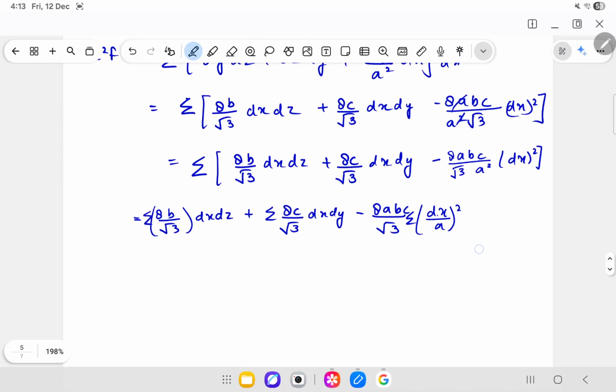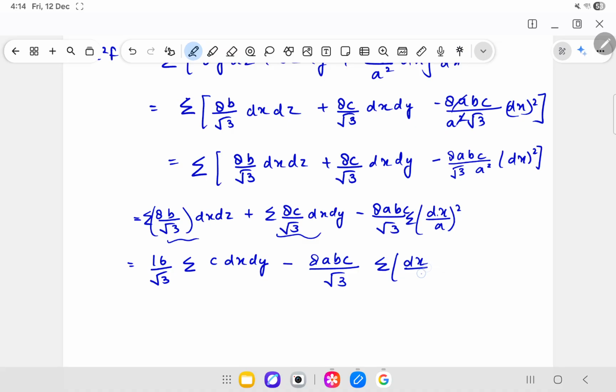So this will be equal to 16 by square root of 3 summation c dx dy, because when you open the summation, each of these terms will occur twice, minus 8abc divided by square root of 3 summation dx by a square.